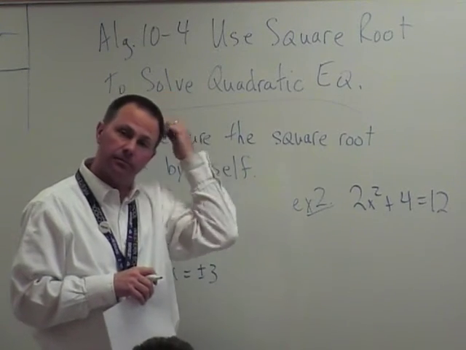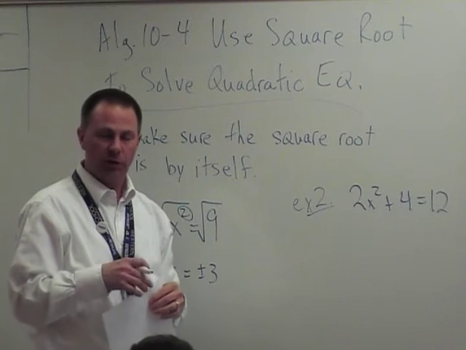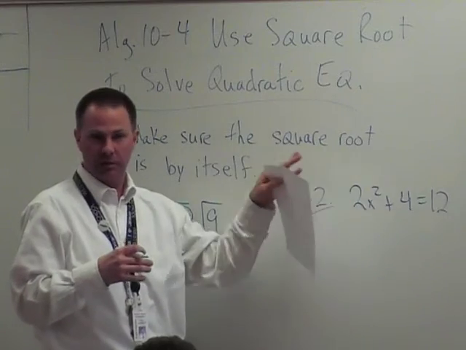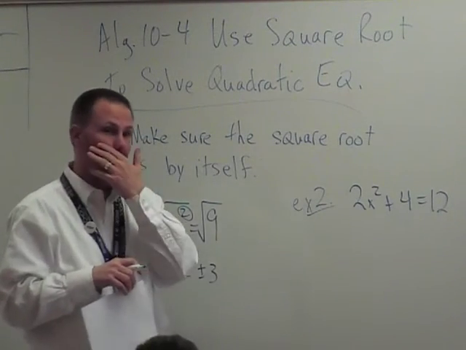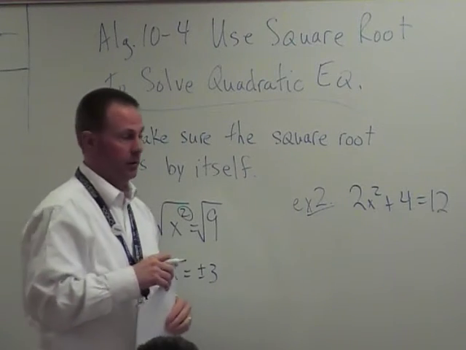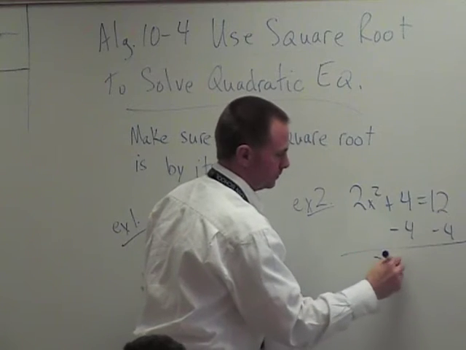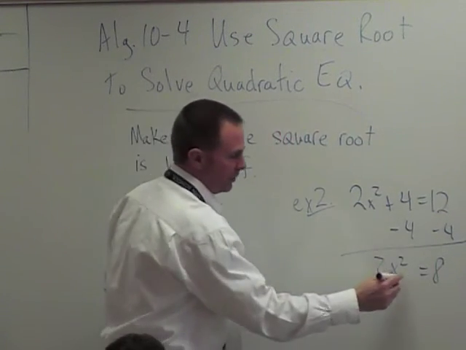How'd you solve it? 2 squared is 4. So you just intuitively figured it out? Okay. I'm using the simple examples to get us to understand how to do the harder ones. You subtract 4 off of both sides, divide by 2, and take the square root. You gotta get the square by itself, so we divide off the 2.